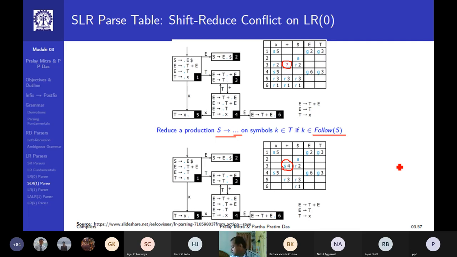For that situation, we cannot resolve it using LR0. One solution we provided today is by looking at the follow information. In the next class, we will look at some lookahead information and we will modify LR0 to LR1 or LALR, which we will discuss in the next class.